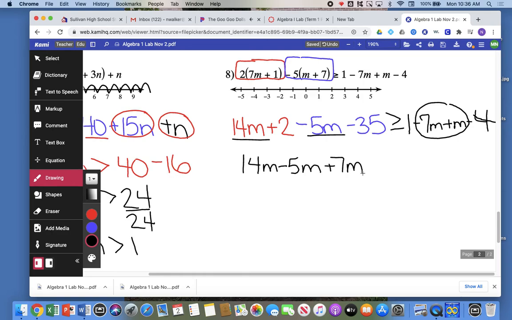Then what happens to this plus 1m? Now, on this side, I have a 1. How do I bring over a plus 2? Minus 2. How do I bring over a minus 35? And then, oh, I forgot my minus 4. But is it okay just to add it to the end?